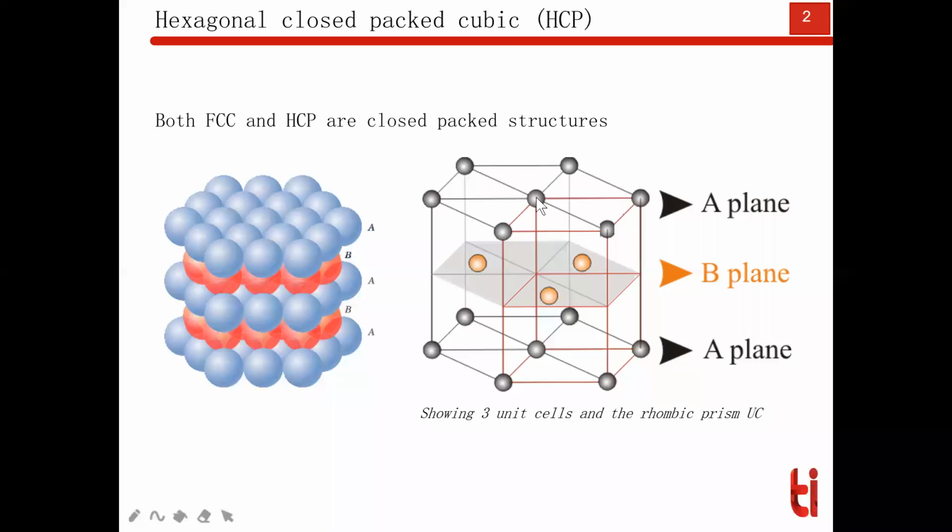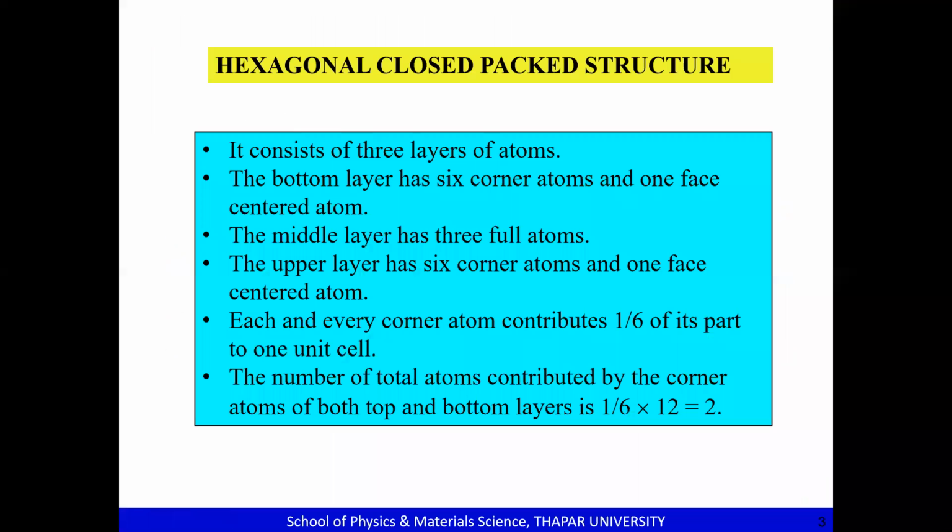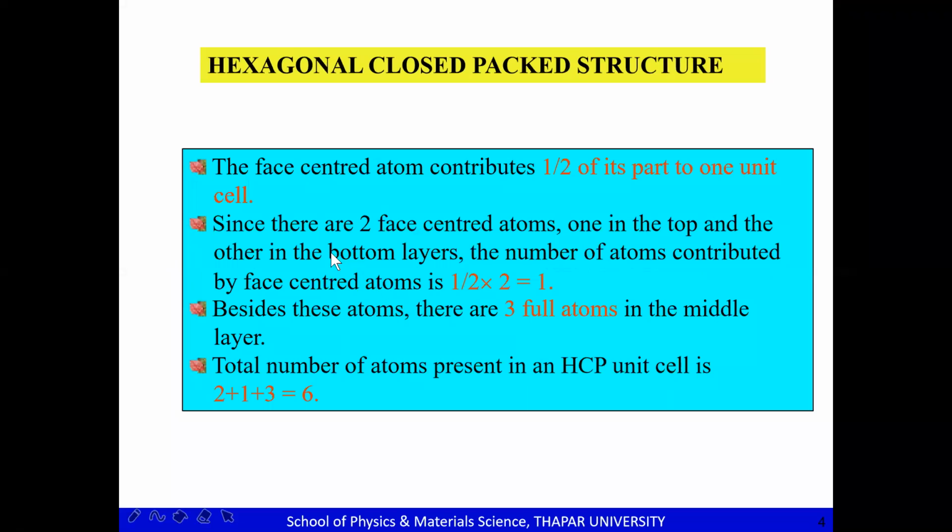And how many such atoms do you have? 1 on the top, 1 on the bottom. So 1/2 plus 1/2 gives you total 1 atom. Since there are 2 face-centered atoms, one in the top and the other in the bottom layer, the number of atoms contributed by face-centered atoms is half into 2 equal to 1.